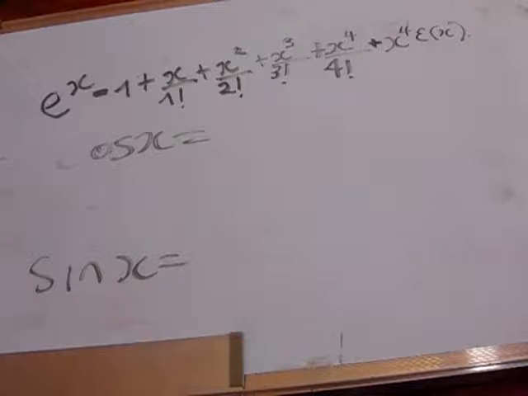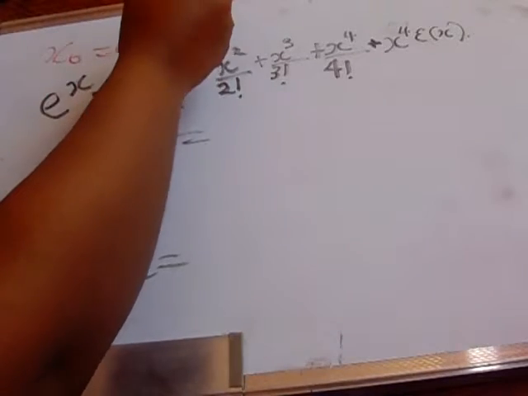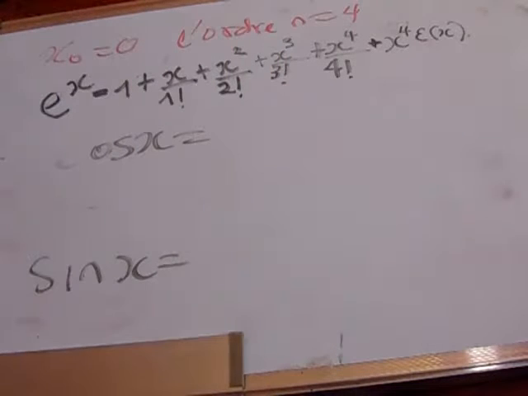These ones we also have, the basic development limits. We're going to start with exponential x. Exponential x is pretty straightforward. We have 1 plus x over 1 factorial. We are going to go to order 4, at x equal to 0, n equal to 4.